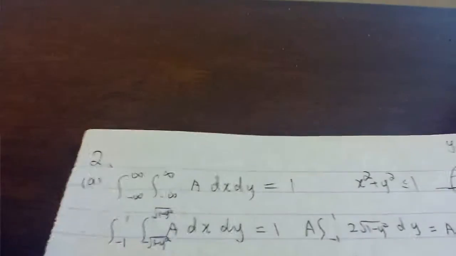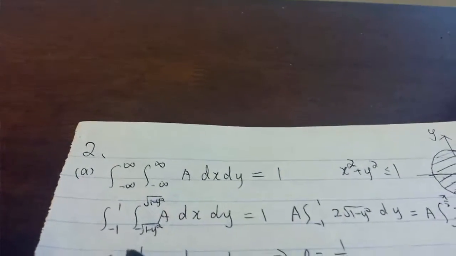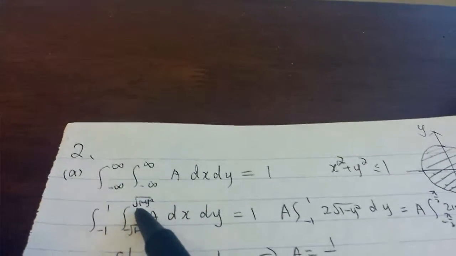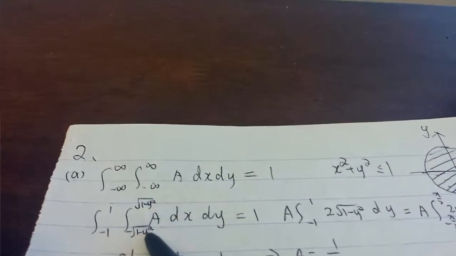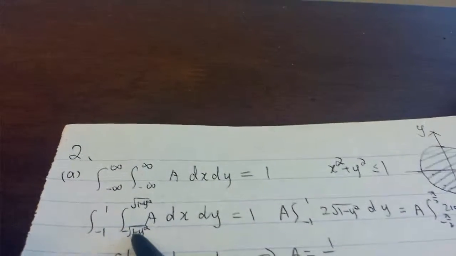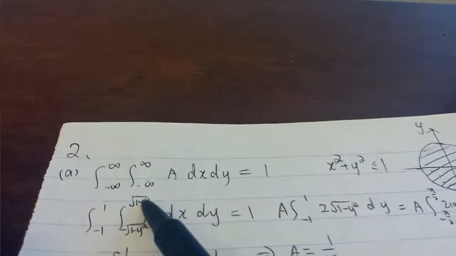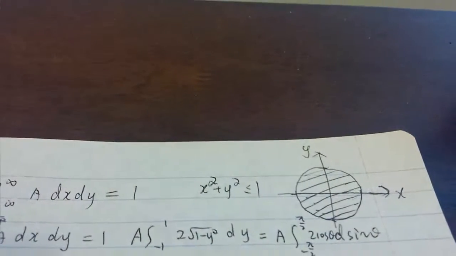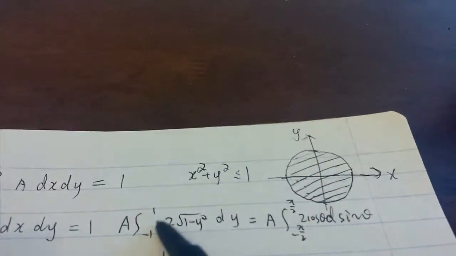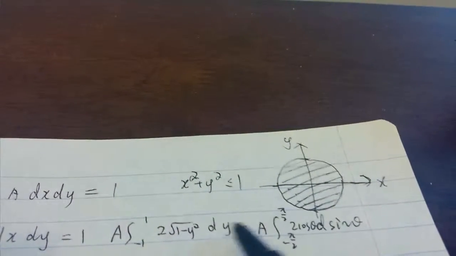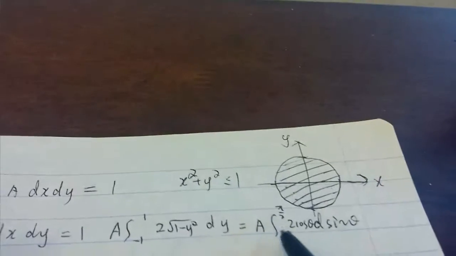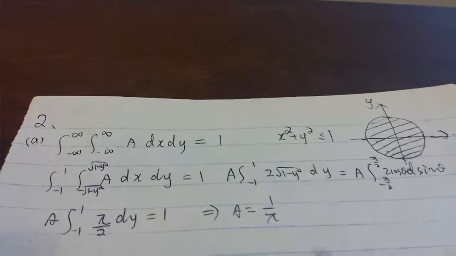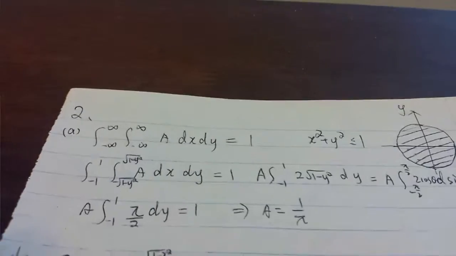So we do the math, and the integral over y is from -1 to 1, and the integral over x is from minus root of 1 minus y squared to root of 1 minus y squared. And we get this equation, and we use some techniques, make y equal to sine theta, and change the integral limits. Finally, we get that a equals 1 over pi.